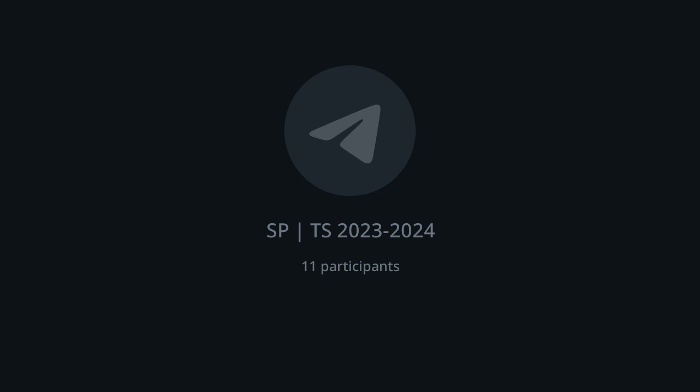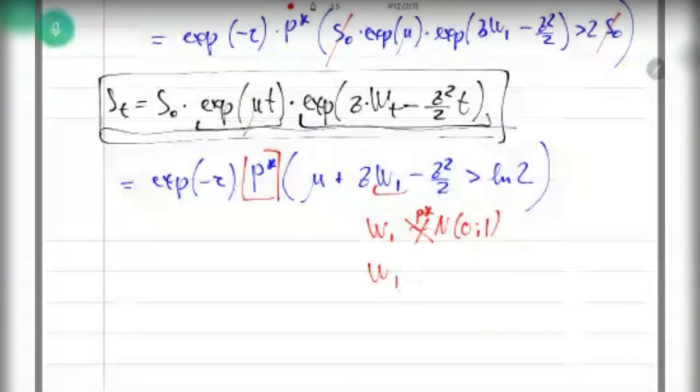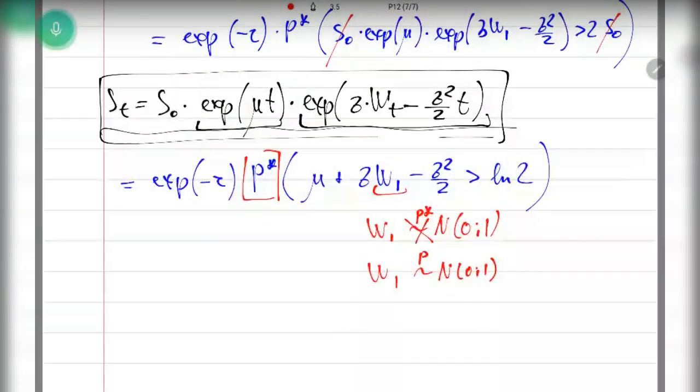Yeah, that's the problem. Because W_1 has normal 0, 1 distribution on the probability measure P. And we have changed probability measure, because according to P, we can't calculate the expected value so easily because M_T is not a martingale and we have changed probability measure.